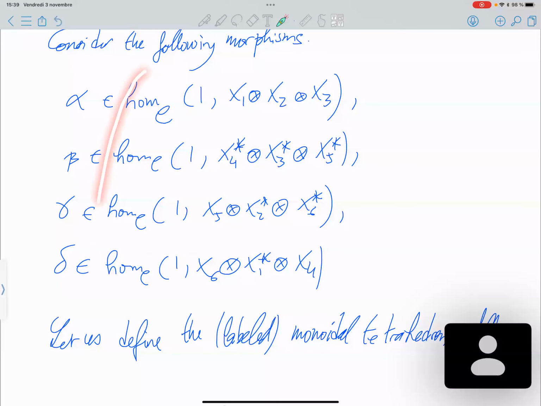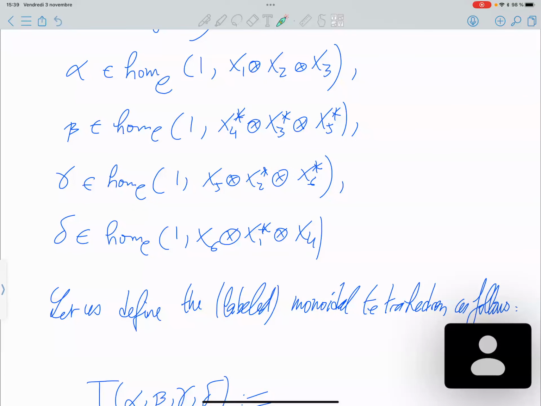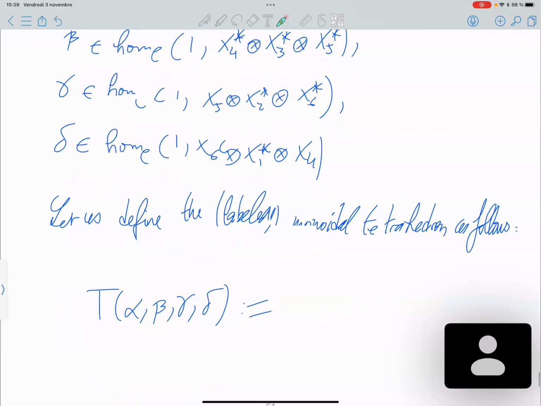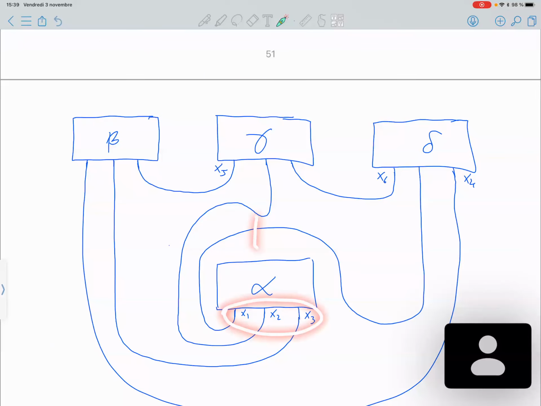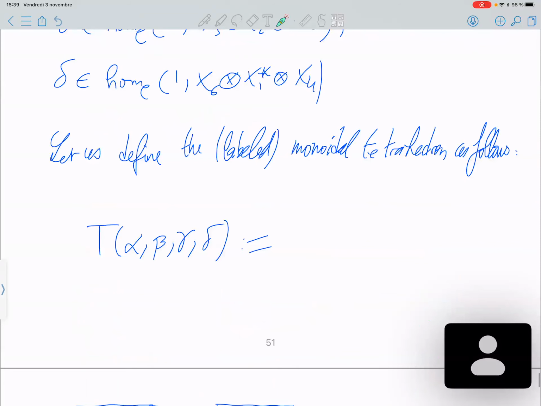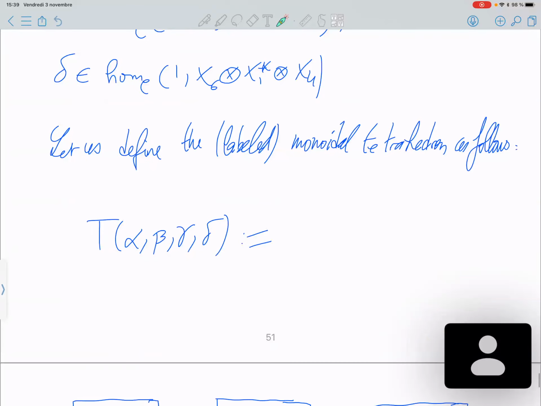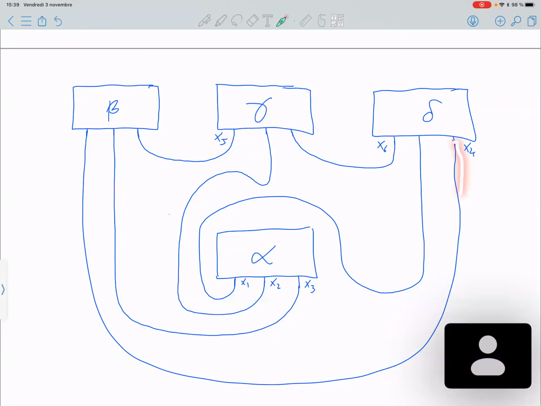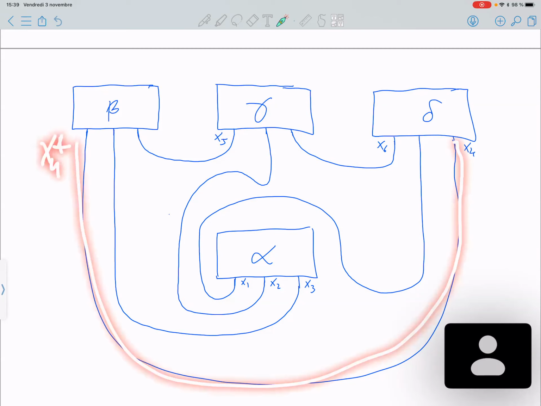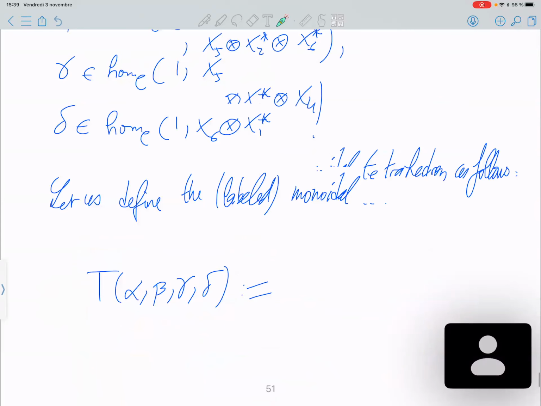So for example, alpha in Hom(1, x1 tensor x2 tensor x3). Beta in Hom(1, x4 star, x3 star, x5 star). So it's an evaluation map. You have an x4 star here, here x3 star, and here x5 star. So 4, 3, 5. Okay, that's okay, etc.